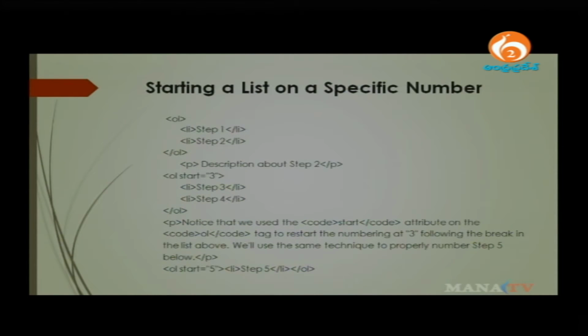Step 3 and step 4 we wrote, and they are expected to start the numbering from 3. Again we ended that ordered list, and then we wrote some paragraph, and when we started writing step 5, again an ordered list starting from the 5th element we wrote.